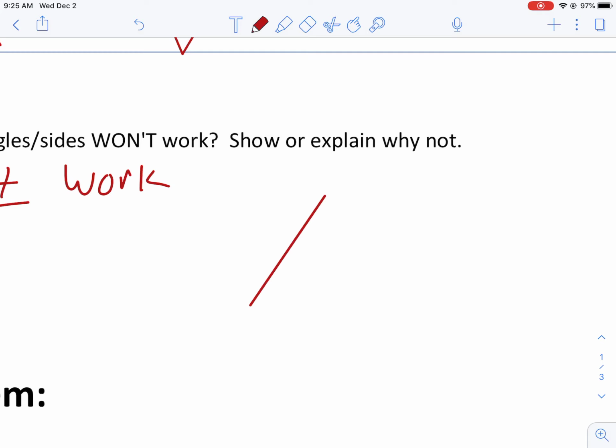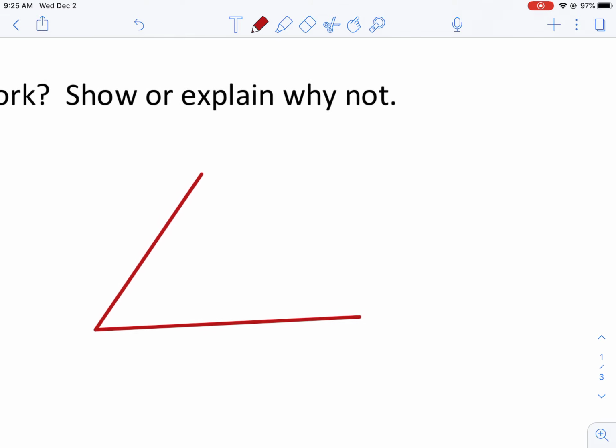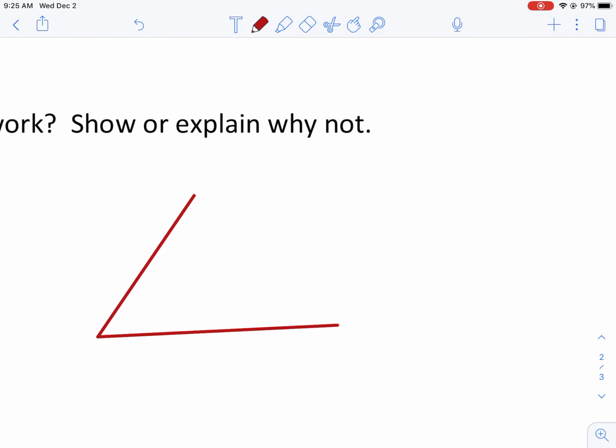side, side, angle. This one's kind of hard to draw. Let's say that's our angle right there, okay? So that's 40 degrees.